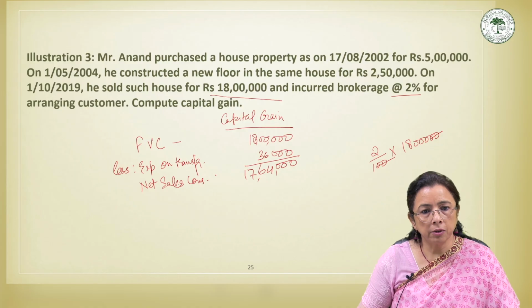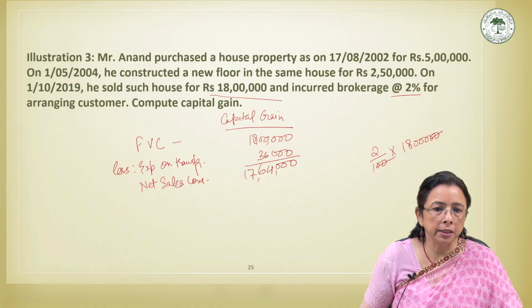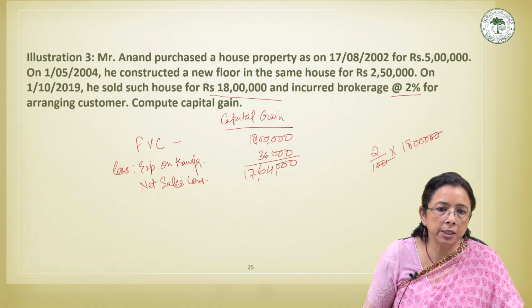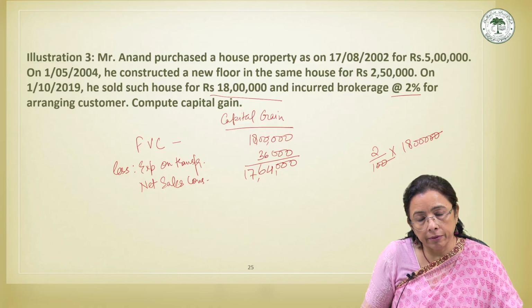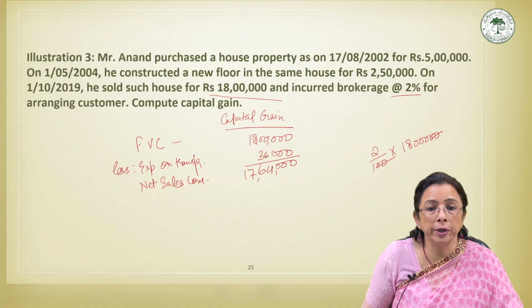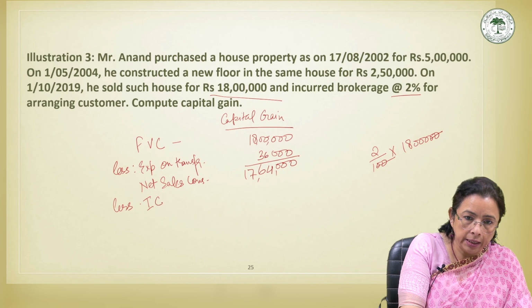After this, we will deduct other allowable deductions from this net sale, that is COA and COI. Both will have to be indexed because it is beyond 24 months. So less indexed COA.